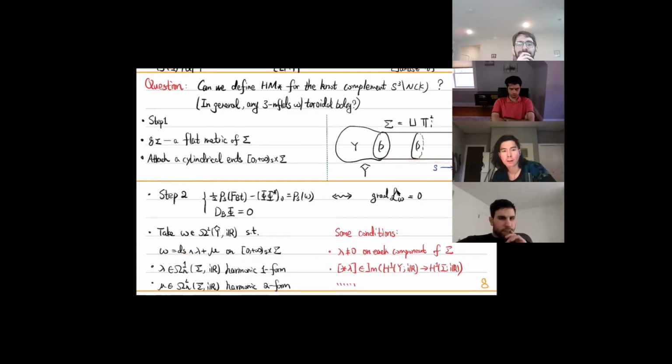At this point, we have to make some assumptions on this two-form omega. For instance, this one-form lambda is non-zero on each component of the surface, and also the Hodge star of lambda lies in the image of H^1 of Y. So there are a few other conditions.